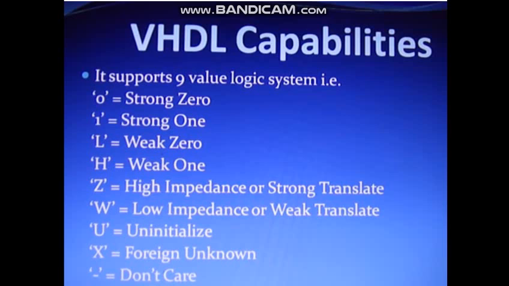Again, it supports 9 various logic values. 0 indicates a strong 0, 1 indicates a strong 1, L means low, indicated as a weak 0, H indicates a weak 1, Z indicates high impedance, W indicates weak unknown, U is uninitialized, X is forcing unknown, and dash means don't care.